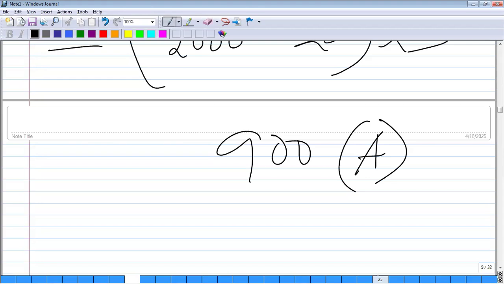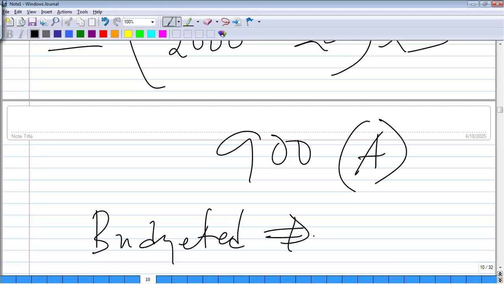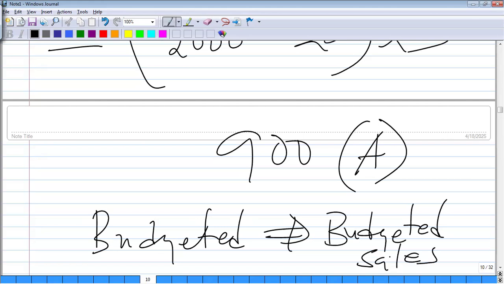Okay. So when they give you budgeted profit, the first thing you do is to flex it with the sales contribution, because budgeted profit is normally tagged to budgeted sales.